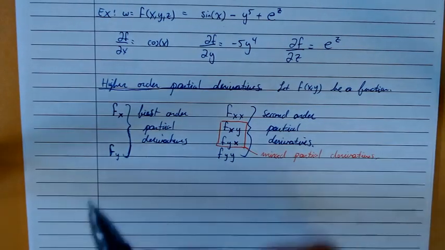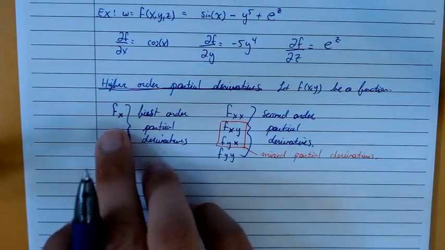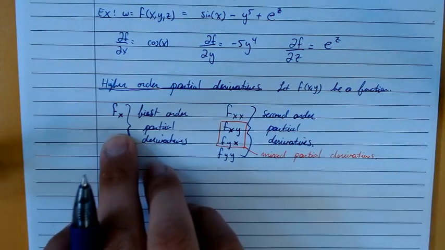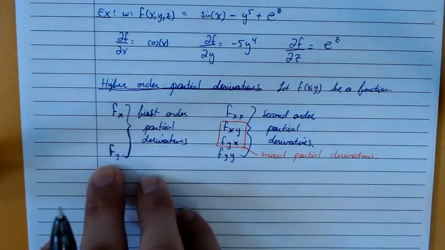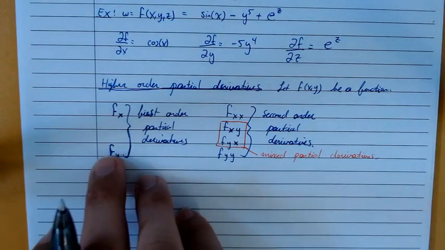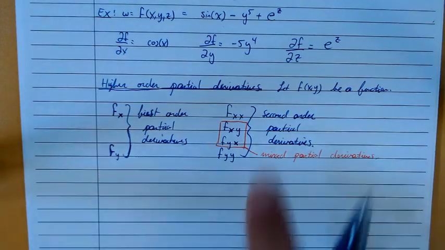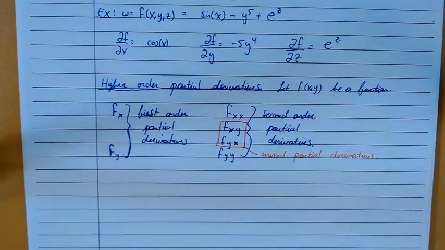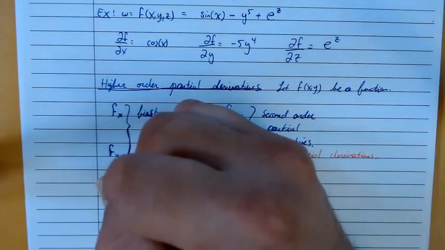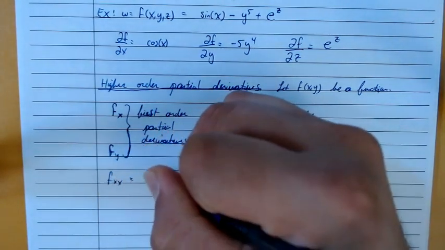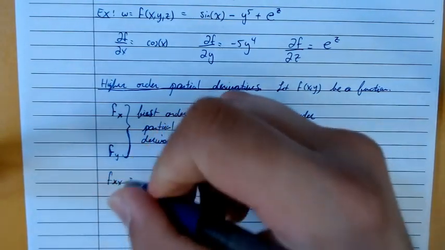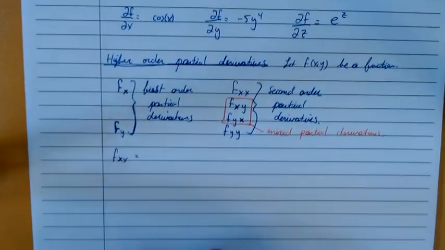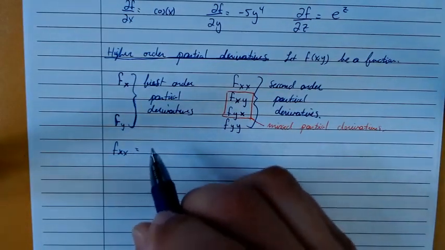In terms of notation, we saw how f sub x can also be written as del f del x, and f sub y can also be written as del f del y. Your second order partials can also be rewritten as follows. f sub xx can be written as, it's going to look like Leibniz notation for the second order partial in Cal 1, except you're going to have del instead of d.